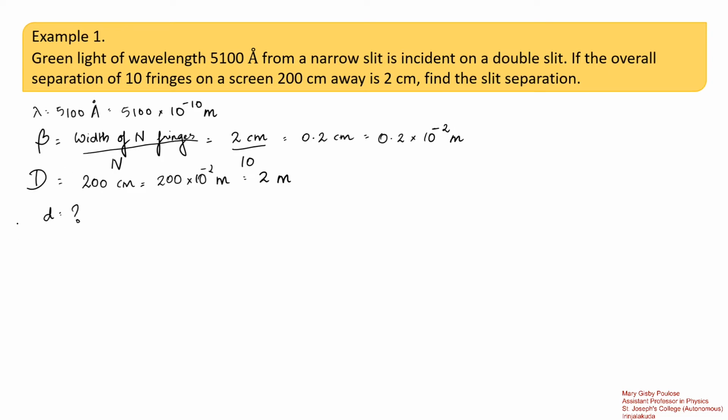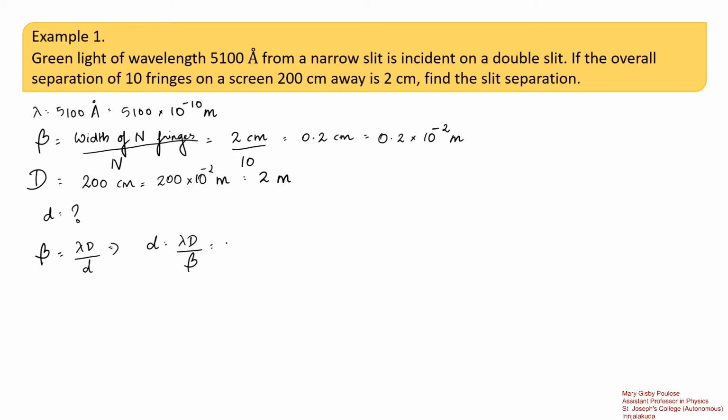Now from the given parameters, we know that the expression for fringe width beta is given as lambda capital D divided by small d. So this implies that small d is equal to lambda capital D divided by beta.